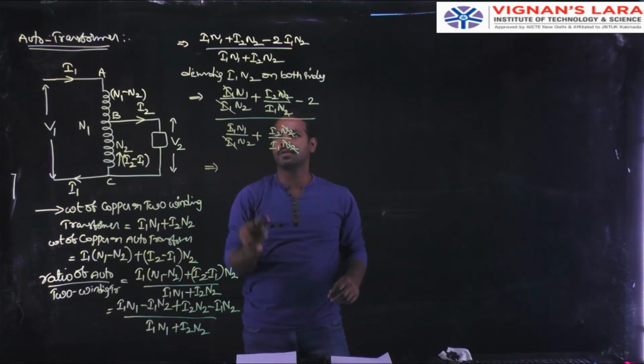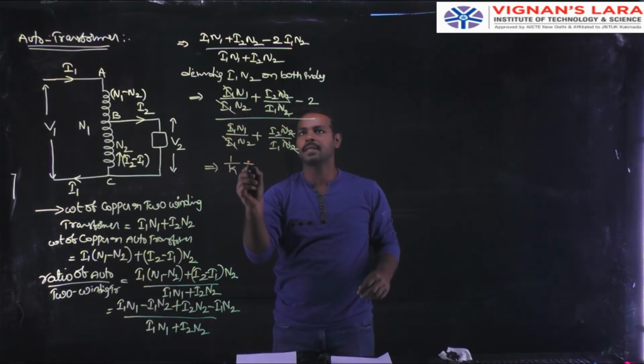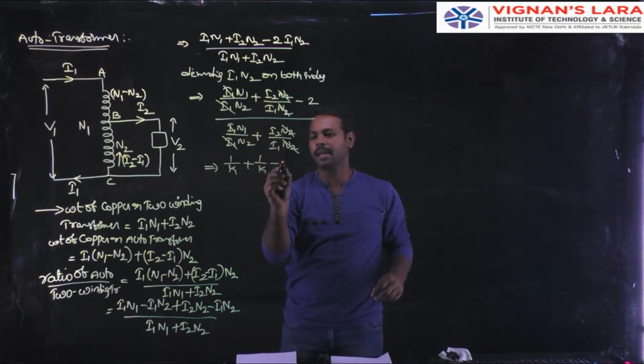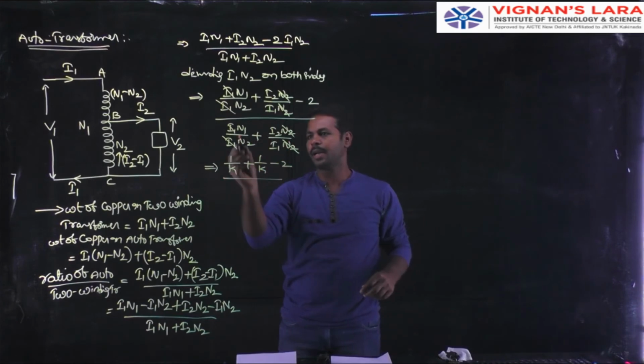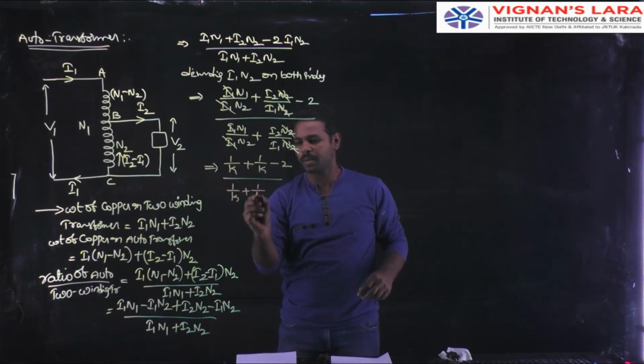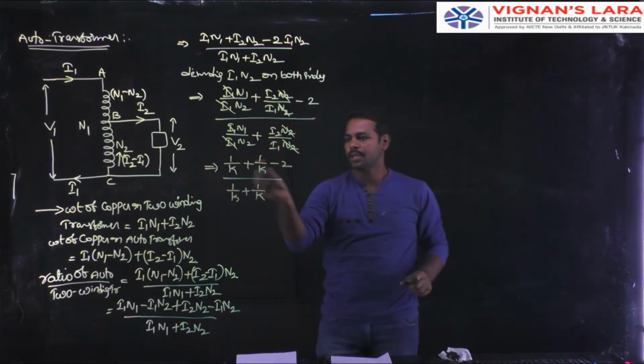So N1 by N2 is equal to 1 by K, plus I2 by I1 is equal to 1 by K, minus 2, divided by N1 by N2, 1 by K plus 1 by K. I2 by I1 is equal to 1 by K. So take the LCM.